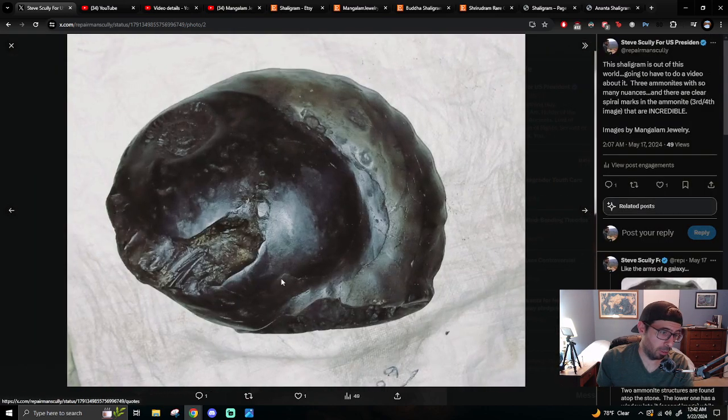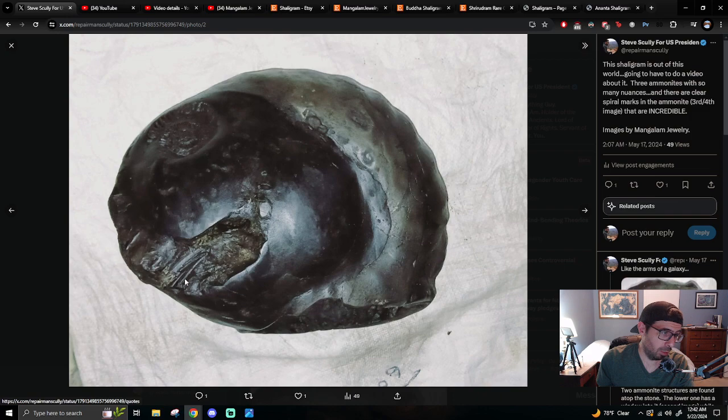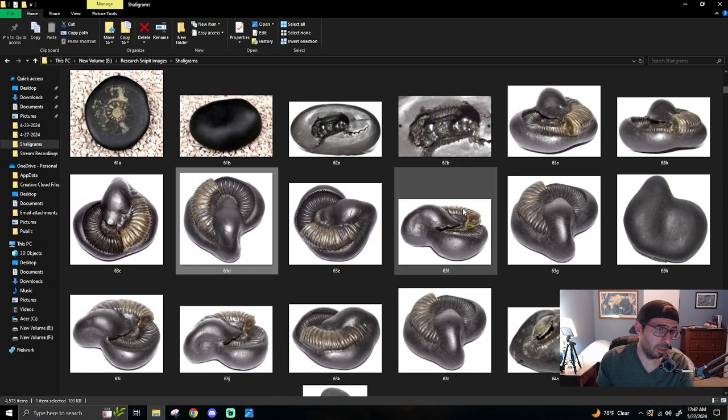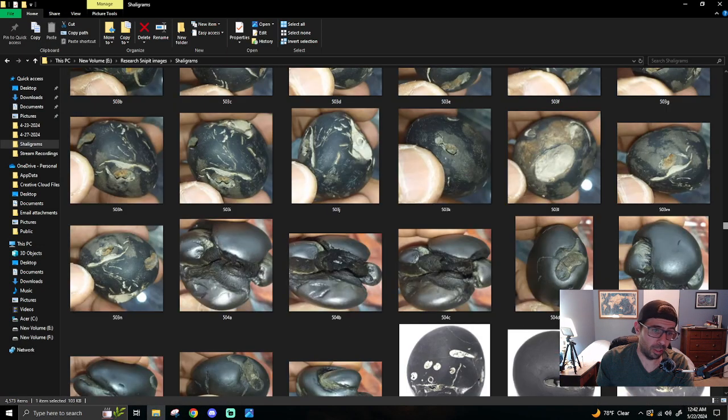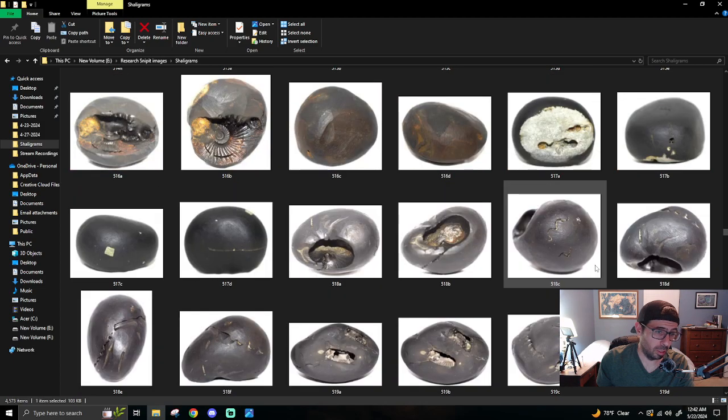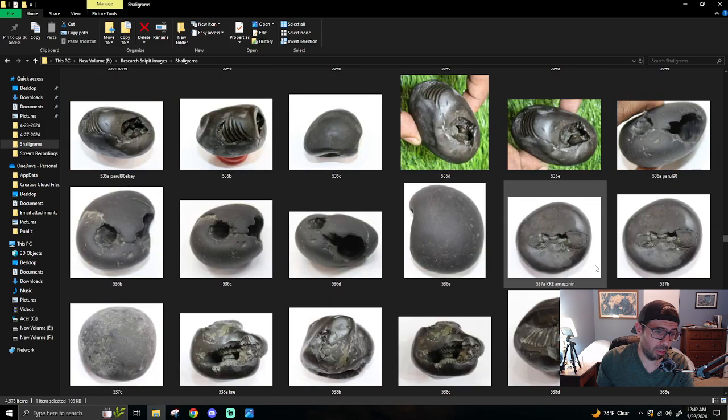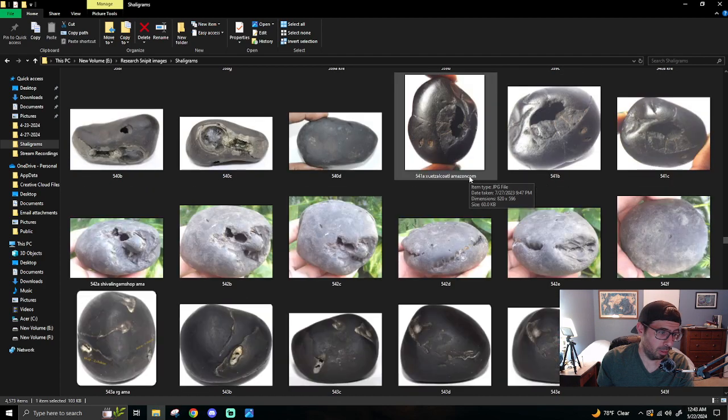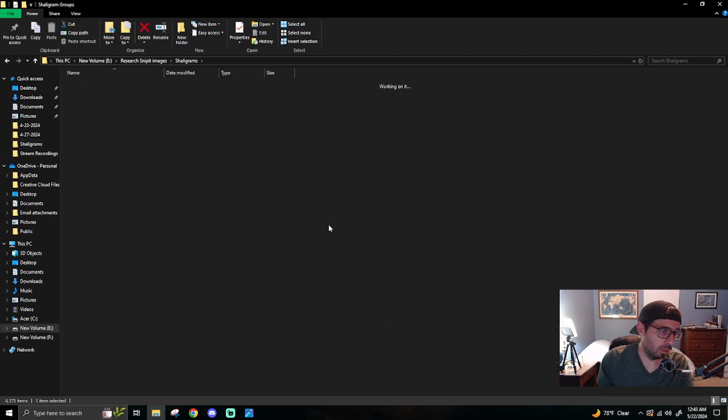If we look at it like here, like these etchings, which happen in shallograms a lot. Let's see if I can find one down here somewhere. It's probably actually groups.